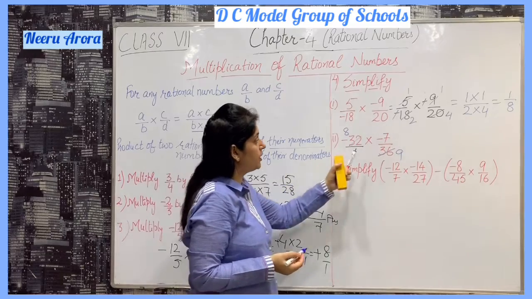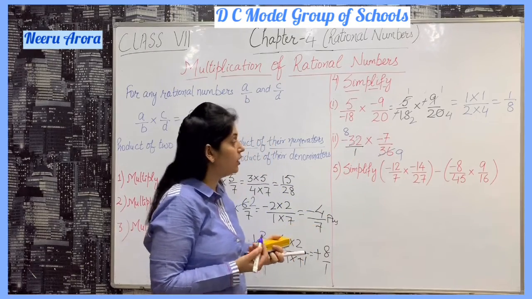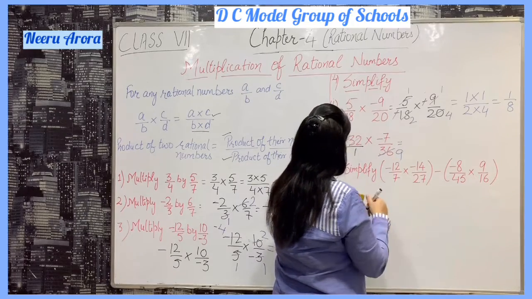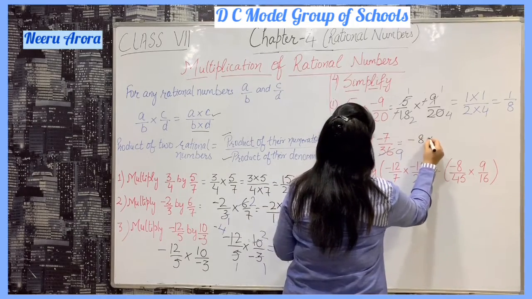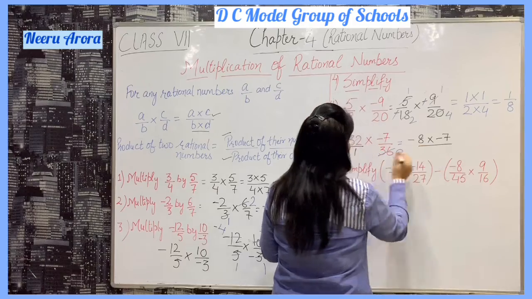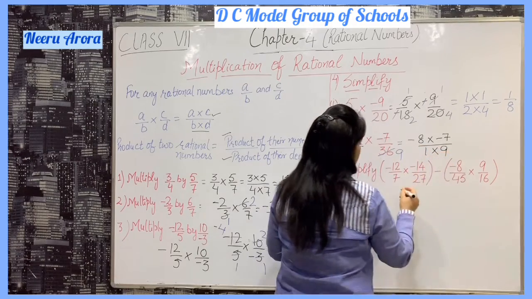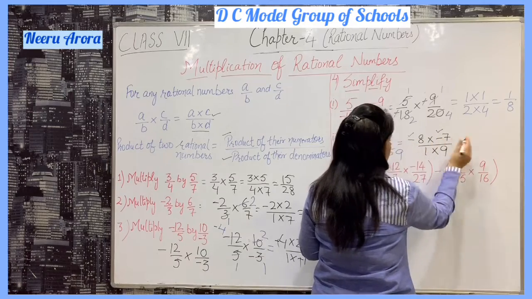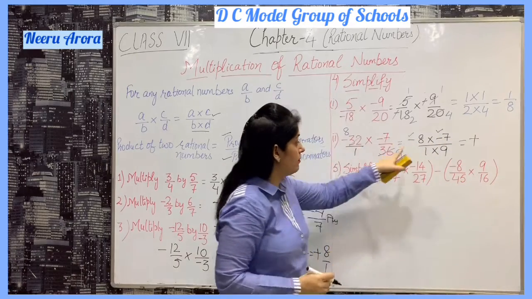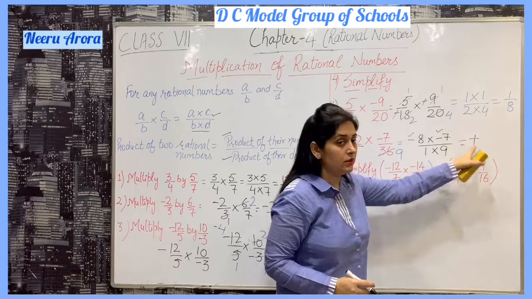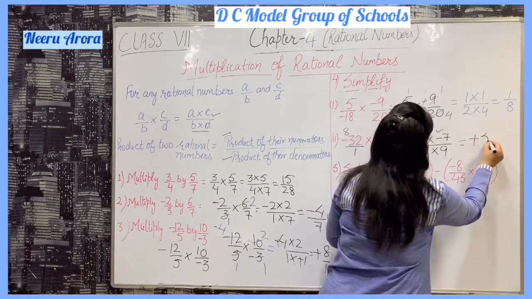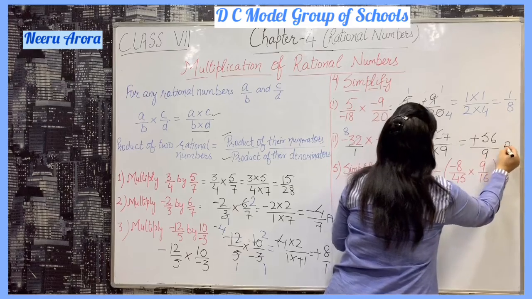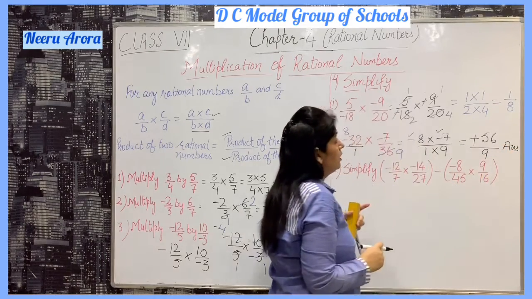Both 32 and 36 are divisible by 4. So in the numerator we have minus 8 multiplied by minus 7, and in the denominator 1 multiplied by 9. First we will multiply signs. Minus into minus is plus. 8 multiplied by 7 is 56. 1 nines are 9. This is your answer.